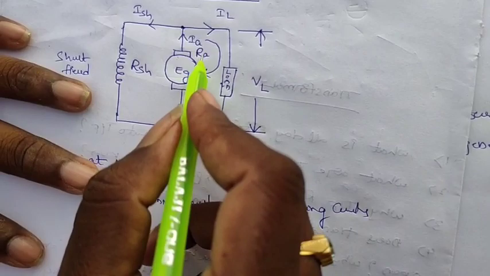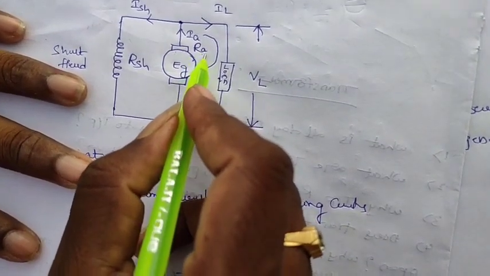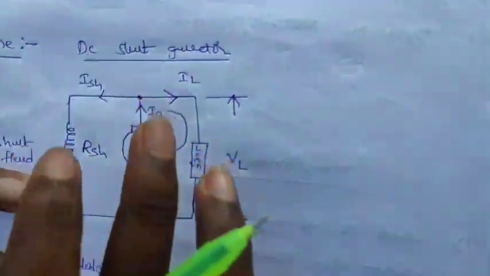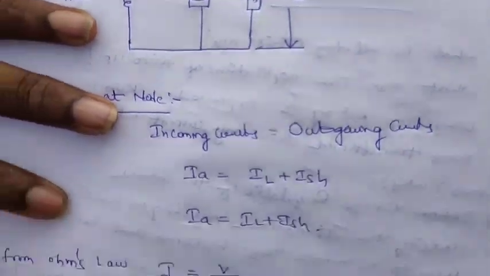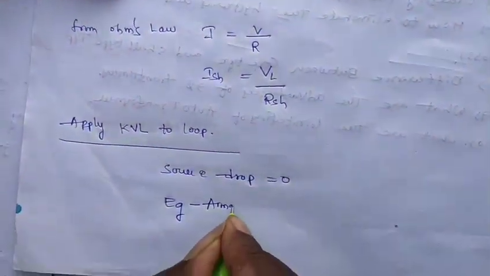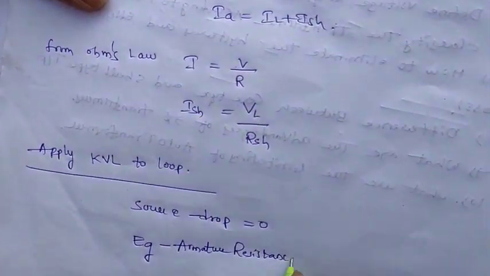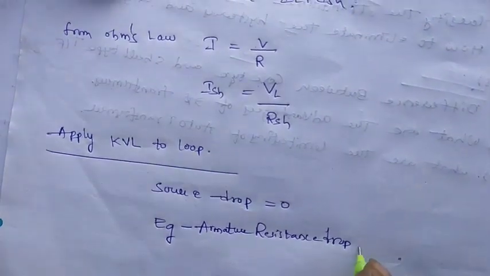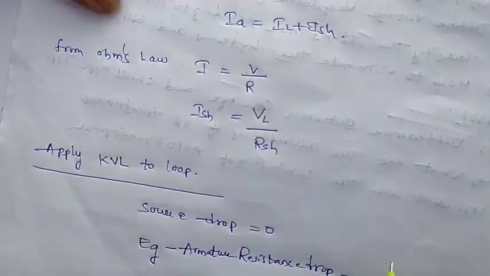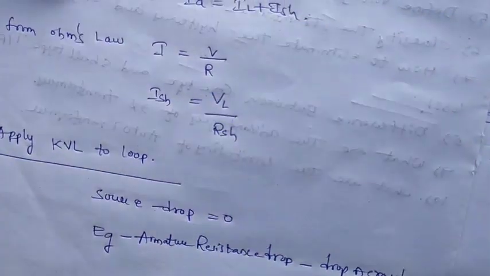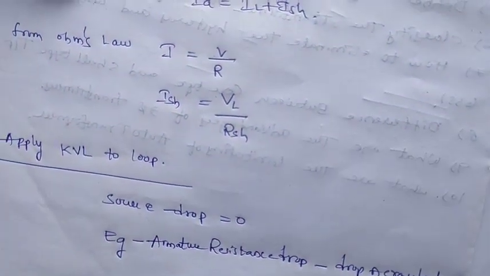Here also there is the drop. Here armature resistance is there, so there is a drop. So the drop is the armature resistance drop. Armature resistance drop minus drop across the load equal to 0.